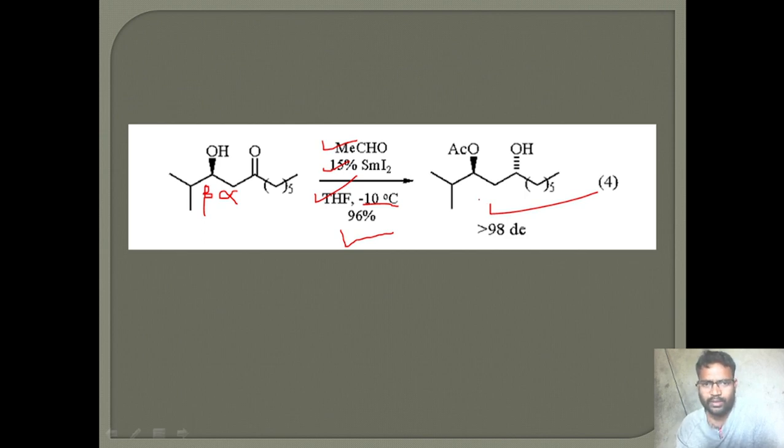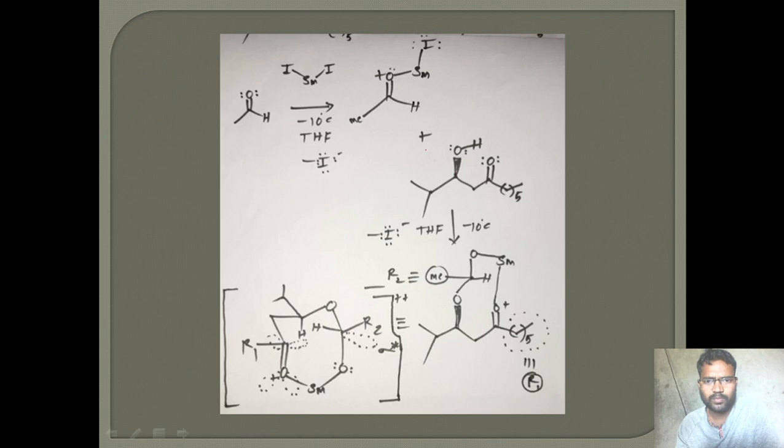Let us discuss the mechanism of this reaction, starting with the first step. In the first step, in the presence of minus 10 degrees Celsius and tetrahydrofuran, the lone pair of this acetaldehyde will attack the samarium system, and the iodine is a very good leaving group.